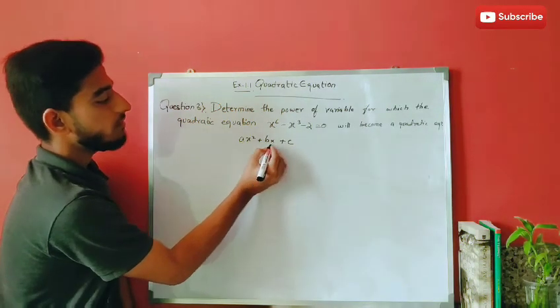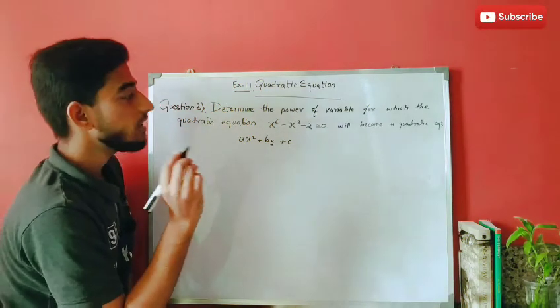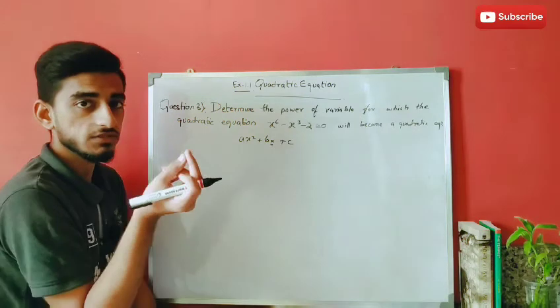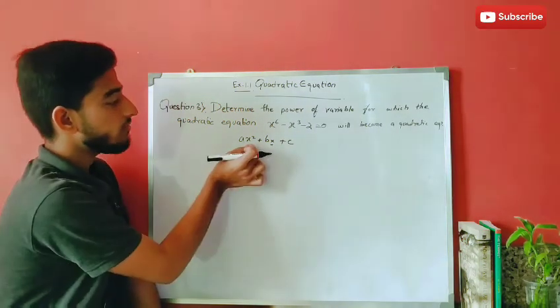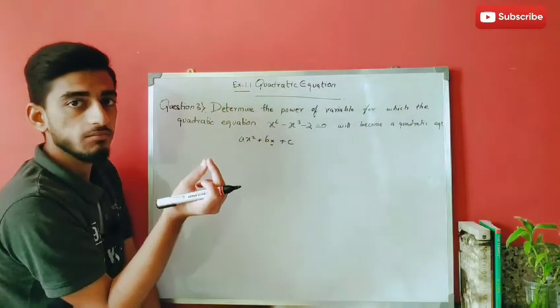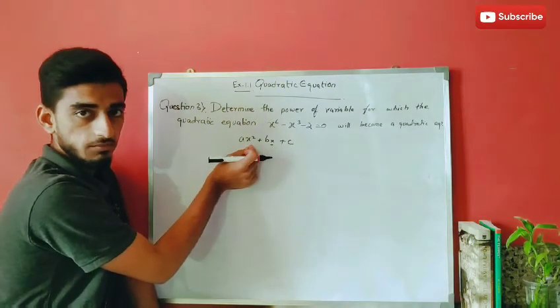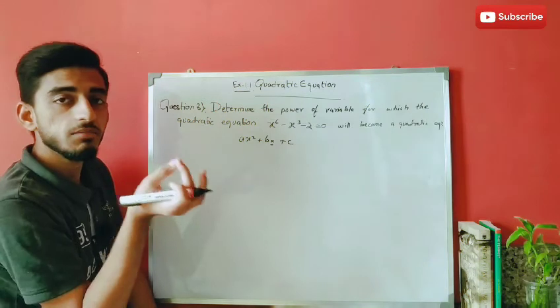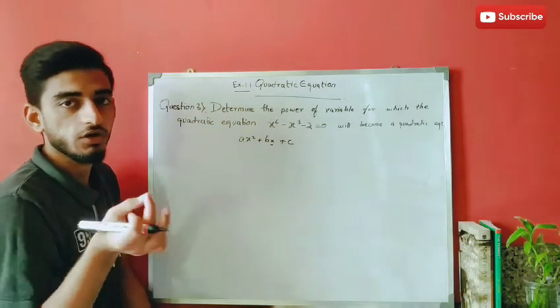Here our variable was x. So here we have to think what we will take in place of x so that our degree 2 will come. When degree 2 comes, we can understand that it is a quadratic equation, because we need degree 2 in the variable for a quadratic equation.